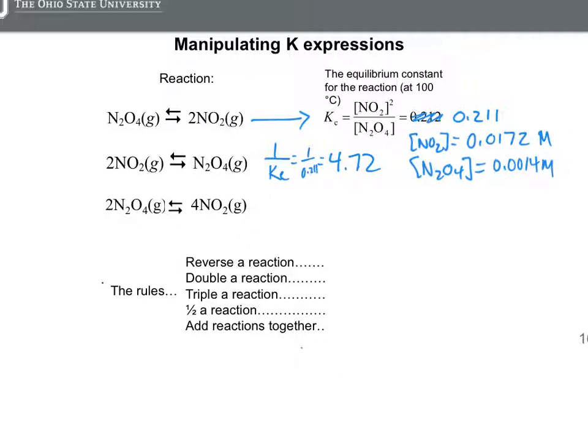But what happens if you multiply the reaction by 2? So now we're going back to our original reaction where our equilibrium constant was 0.211, and we're going to multiply that equation by 2. We'll end up with 2 N2O4 in equilibrium with 4 NO2. What do you expect to happen to the equilibrium constant?